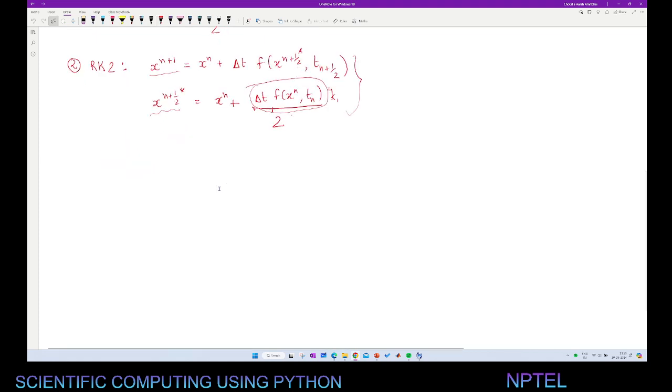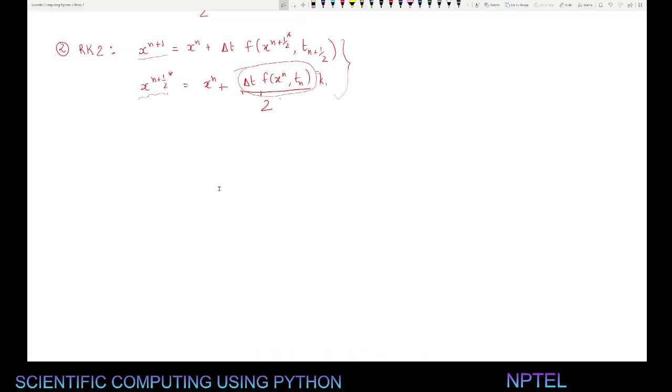And then comes the hero of all the ODE solvers, well, for most people, which is RK4. Very standard thing. In that case, you define not just K1 but K2, K3, and K4. K1 is just delta t times f of x_n and t_n.